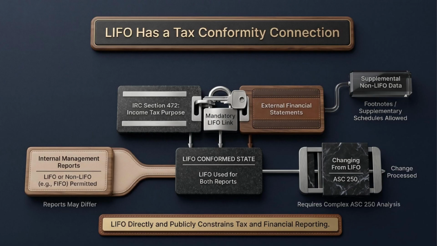But the primary external financial statements generally need LIFO if the company wants the tax benefit. Changing away from LIFO requires careful analysis of tax consequences and accounting effects under ASC 250. This is one of the few areas where tax reporting and financial reporting are tied together very visibly.